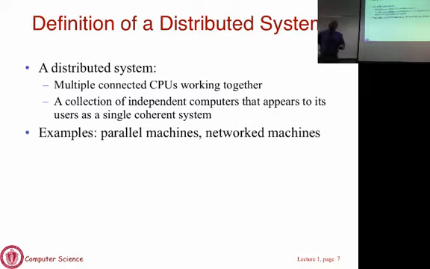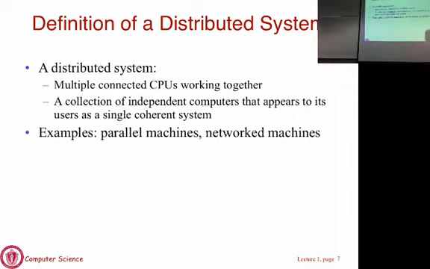A parallel system is essentially a single machine that has multiple CPUs in it. And if you think about it, most computing devices that you have access to today are parallel systems because they are multi-core in some shape or form. Even the smartphones that you get today have become 2-core or 4-core machines.